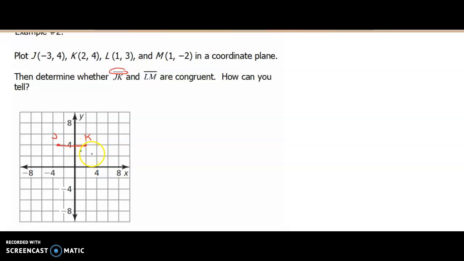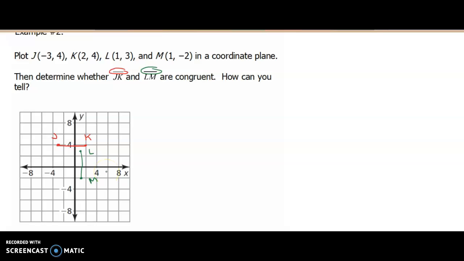If you're looking at me thinking I don't know how to plot, make sure you see that it's going by 2s. 1, 3, and then 1, -2, which is right here. This is L, this is M, and then once again, we're talking about a segment. So that's segment LM. It says determine if they are congruent.